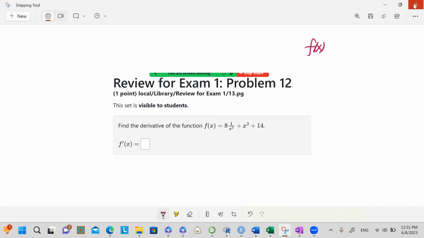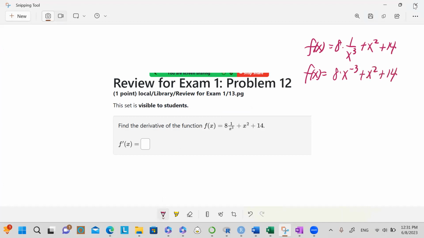One of the terms looks like a quotient, a over x cubed. So we're going to convert it a little bit. We'll turn it into a power for the first term. So f of x should be equal to, flip to the top, a times x to the negative third power, plus x squared plus 14.